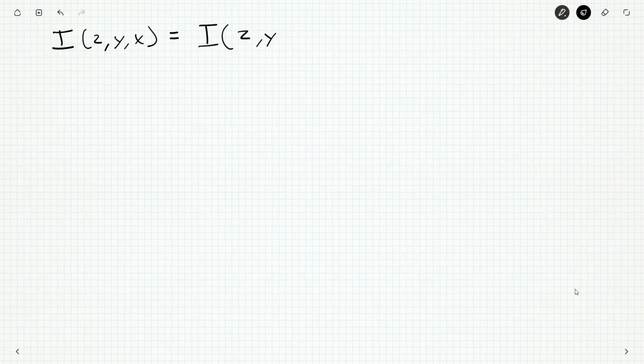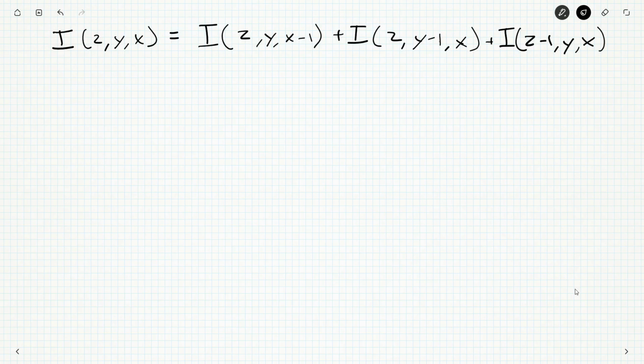Alright, so here's what I want to do. I want to say I(z,y,x) is equal to some number of, I'm going to have something like this. This is sort of my basic template, and then I(z minus 1, y, x).